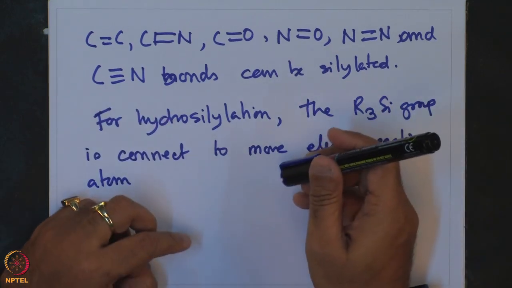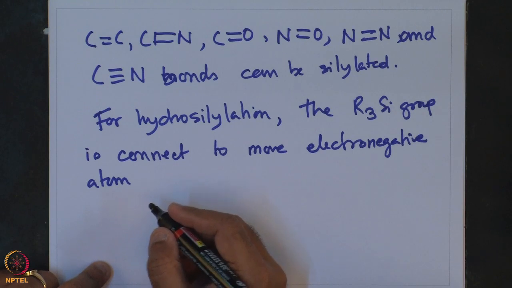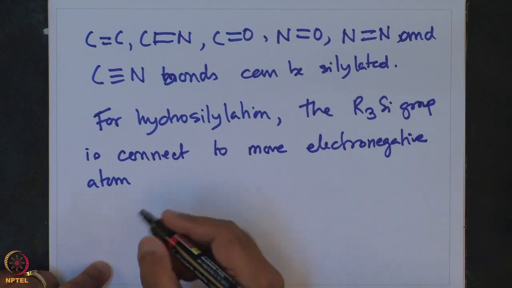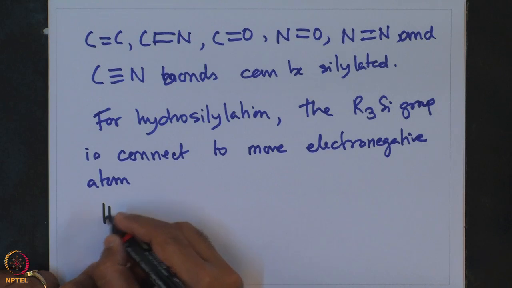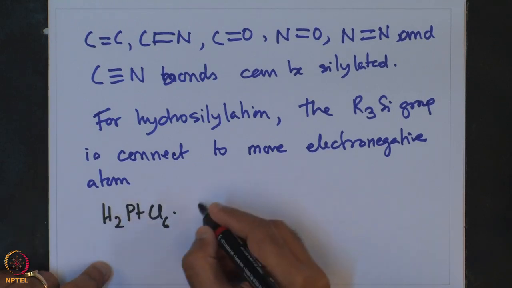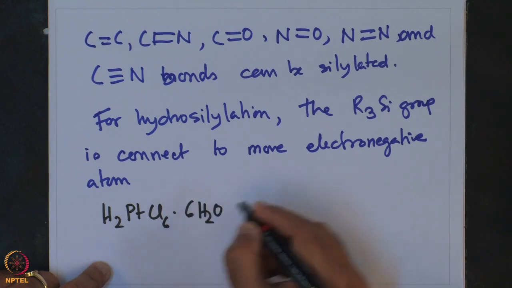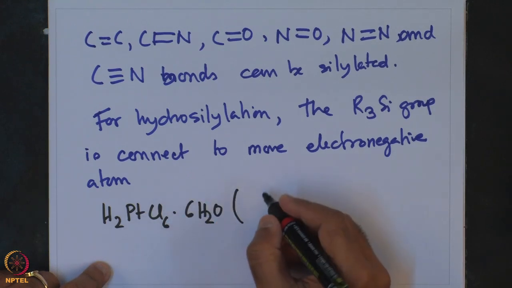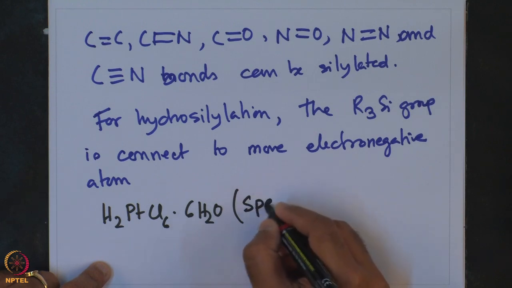So, this is an interesting observation. There is a catalyst called Speier's catalyst, which is the catalyst of choice for silicon hydrogen addition to non activated double bonds, and the complex is H2PtCl6 6H2O. This is called Speier catalyst.